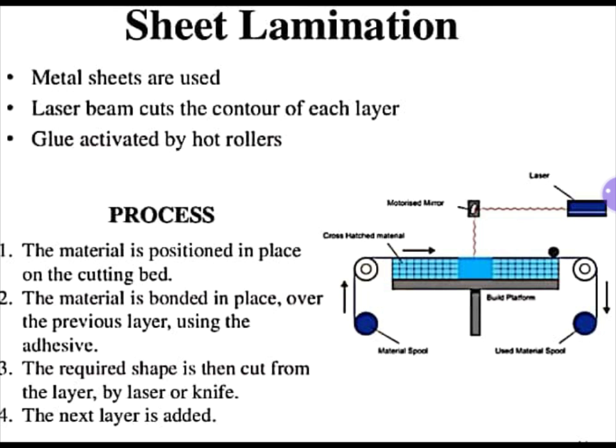Then with the help of a laser unit, we weld these two layers of sheet material. This is how we weld the two sheet materials, and this procedure is continued till the final 3D model is prepared.